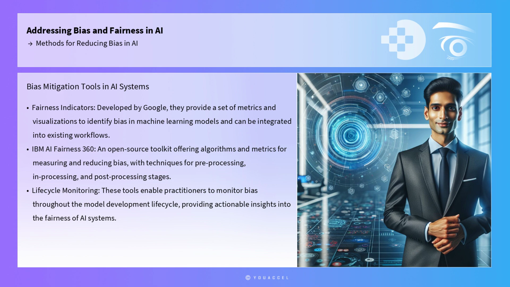Similarly, IBM AI Fairness 360 is an open-source toolkit that provides algorithms and metrics for measuring and reducing bias. It includes pre-processing, in-processing, and post-processing techniques, enabling users to address bias at different stages of the model pipeline. By leveraging these tools, professionals can gain actionable insights into the fairness of their AI systems and implement corrective measures as needed.